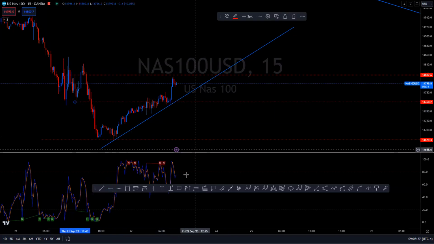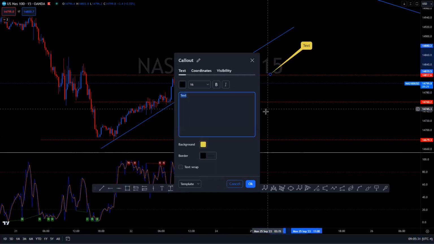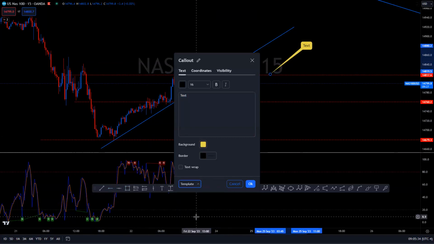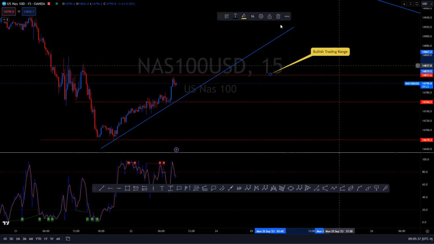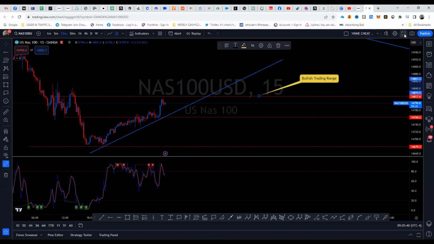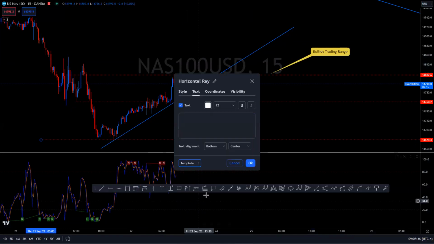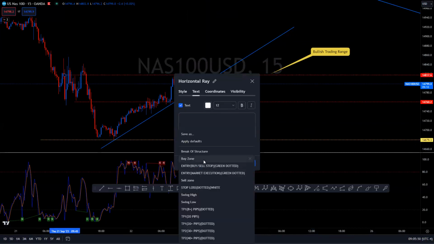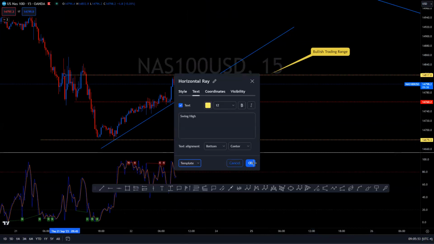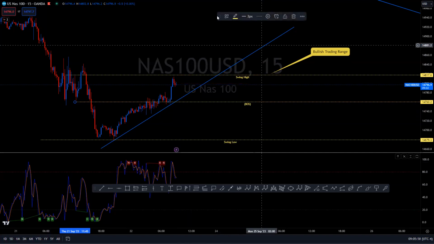So I'm just going to mark it here. Now I'm going to conclude that we're in a bullish trading range at this point. So I'm going to put the swing low, swing high, and then breaker structure. All right. So that's what I'm going to put.